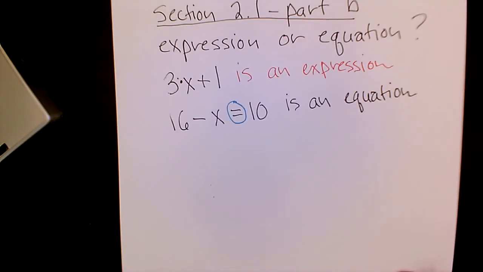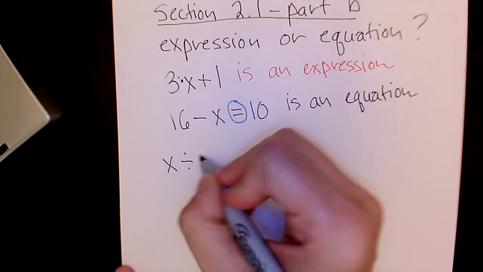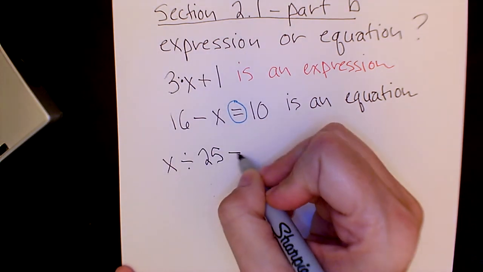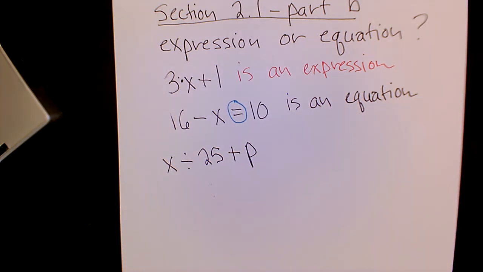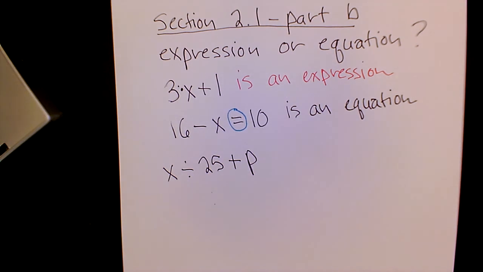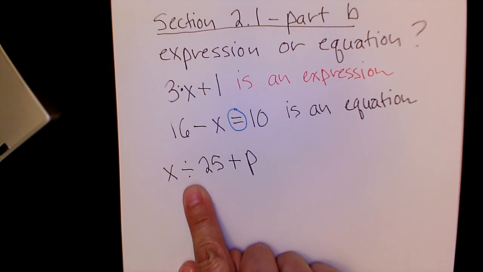I'm going to do one more. x divided by 25 plus p. Expression or equation? I see some variables, a constant, an operation.